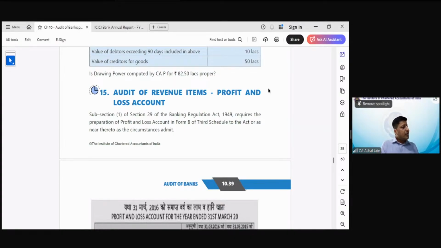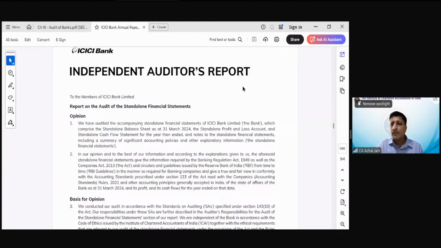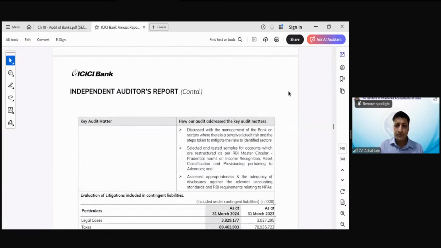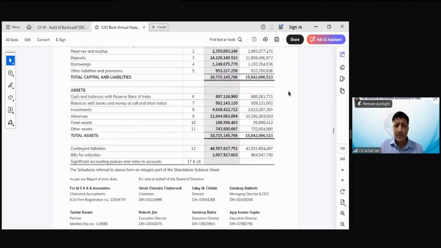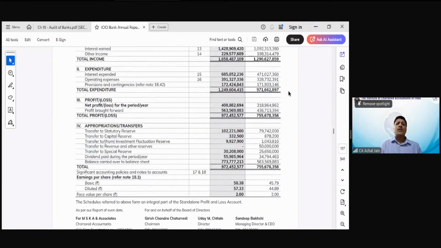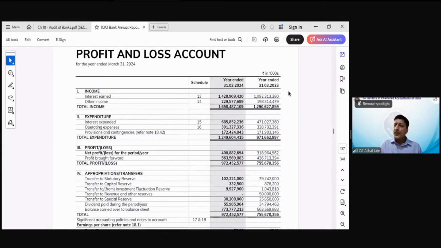But before we get on to those areas, let's once again flip through the P&L. So this is the audit report. We'll also see if we can just go through this. The balance sheet we have already considered. Now let's look at the P&L.